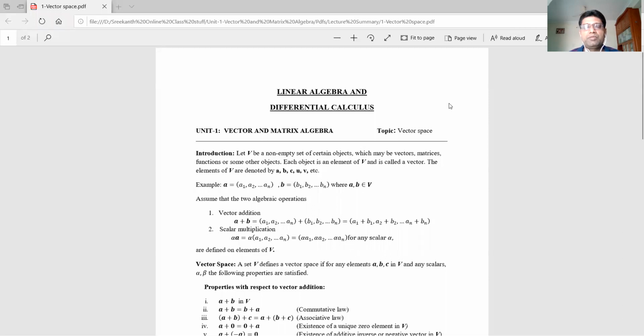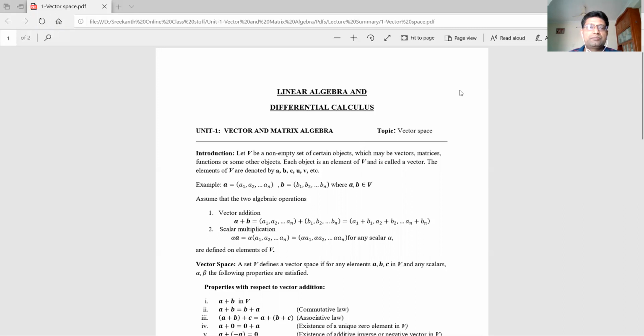The objects may be vectors or matrices or functions or some other objects. Each element belonging to that set is called a vector. Generally, we will represent vectors with bold lowercase letters like A, B, C, U, V, etc.